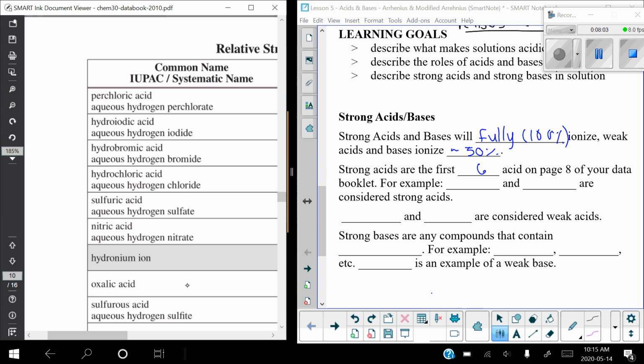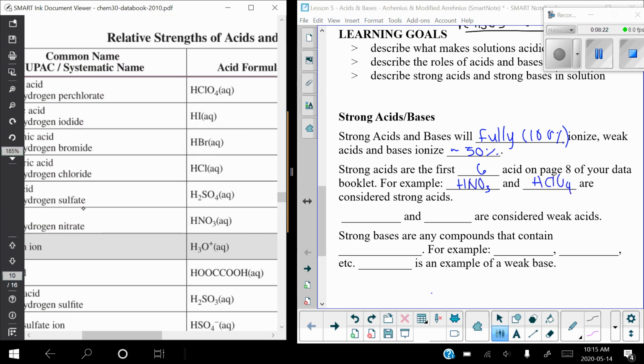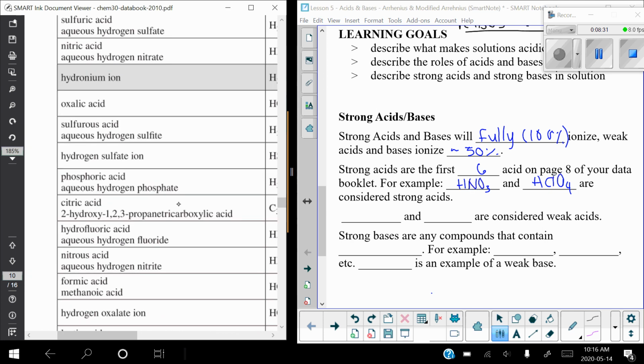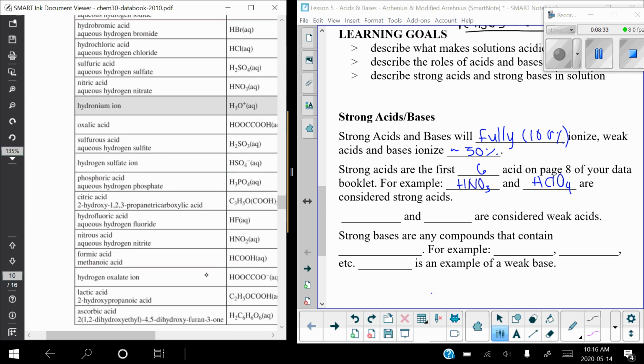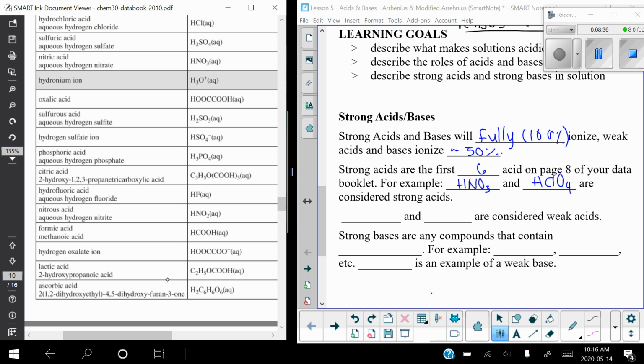For example, nitric acid, HNO3, and HClO4, this is perchloric acid, are considered strong acids. Okay, what about something that's weak? So we can just say anything underneath that hydronium ion is considered a weak acid.